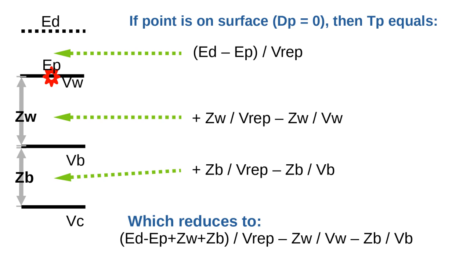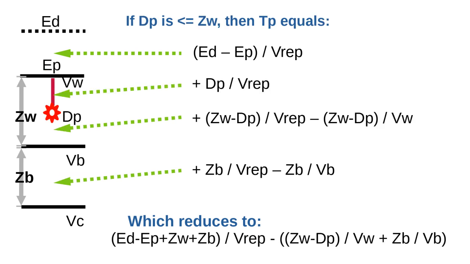Again, I won't try to go through the equations, except to indicate that on the left is a diagram from the datum elevation downward. If a point is on the surface, then DP equals 0, and the static time equals the computation seen here, which reduces to the bottom equation.